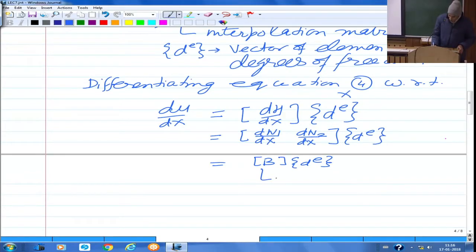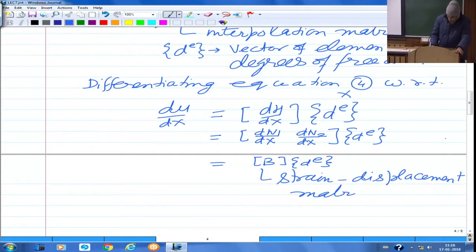So B is known as the strain matrix, or sometimes a gradient matrix, because in solid mechanics problems this is the strain displacement matrix, while in other field problems it would be just a gradient matrix. So let me say for the time being that this is the strain displacement matrix. So this is your du by dx.